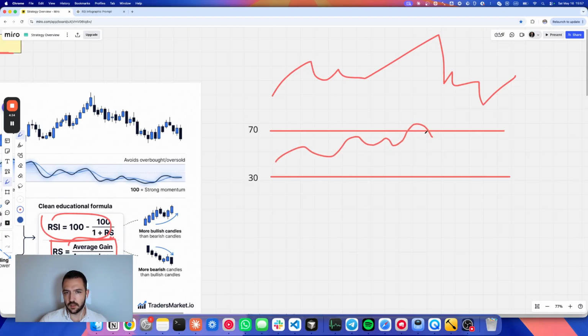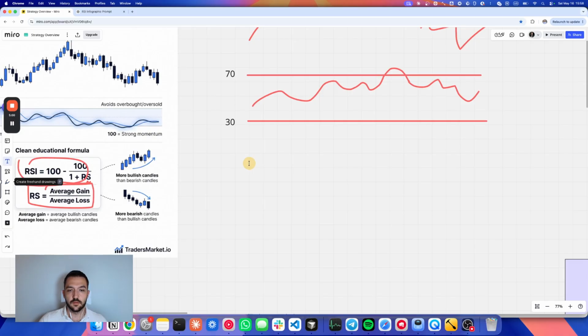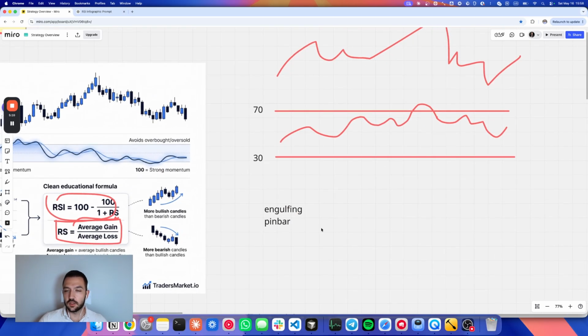As price goes up, it's probably going to get into overbought, then it's going to go down, etc. In the overbought and oversold strategy, what we are trying to capture are these moments right here. If it's overbought, then we're trying to sell. If it's oversold, let's say it goes like this and like this, we're trying to buy. As I said, we need confirmation, and confirmation is going to be in terms of engulfings and pin bar patterns. And this is basically what the strategy is all about.